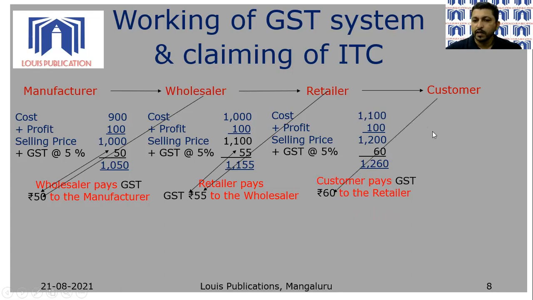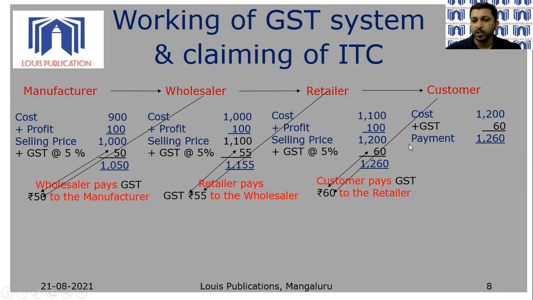And as far as the customer is concerned, the selling price of the retailer will become the cost to the customer. So it is 1200 rupees plus this GST amount of 60 rupees. So total amount that the customer will pay to the retailer is 1260 rupees. And out of that 1260, 60 rupees is the GST amount that the customer has paid to the retailer.